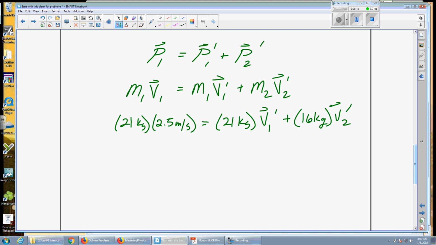So, now I'm going to use that the kinetic energy of number 1 has to equal the kinetic energy after of 1 plus the kinetic energy after of 2. That same conservation idea.